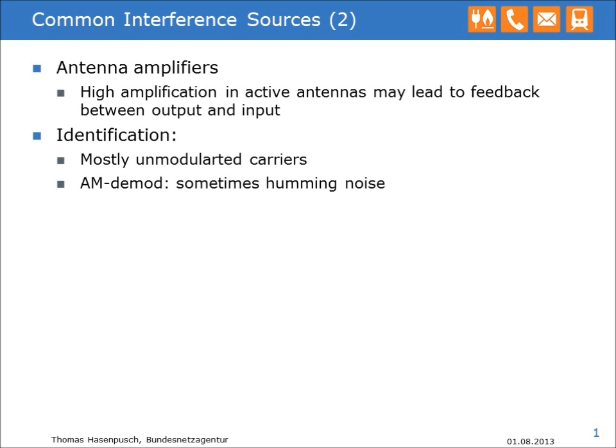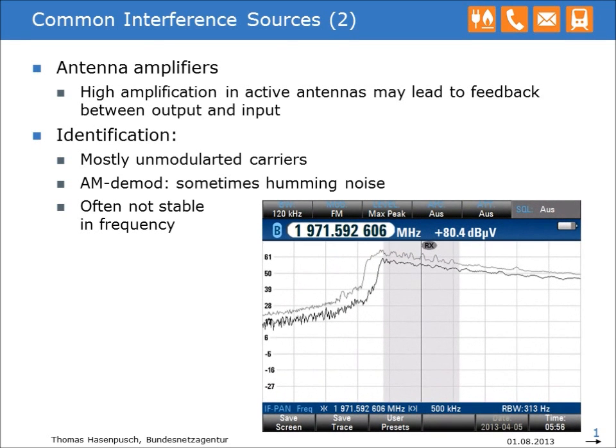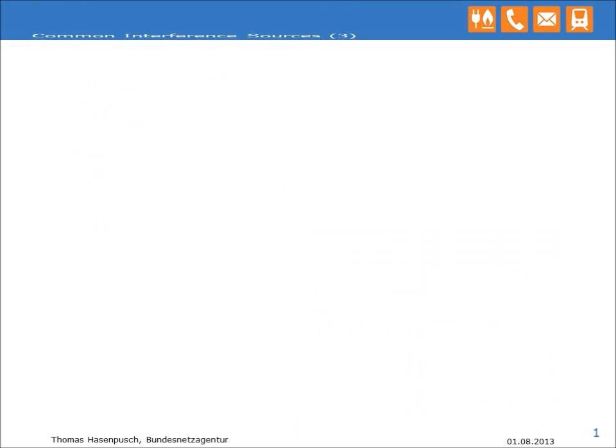They are often not stable in frequency, so this is a recording of such a thing in max hold. You can see that the antenna amplifier sweeps, starting from here and sweeping across that whole frequency range. But it's not a pulsed signal, it's a continuous signal.